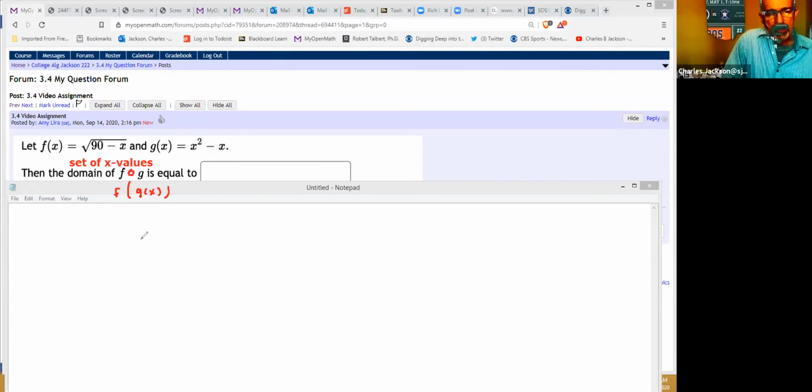Okay. Now, what I'm going to do is partially compose, which in my book is just about as good as completely composing, f with g. f of anything is the square root of 90 minus that thing. What is the thing?